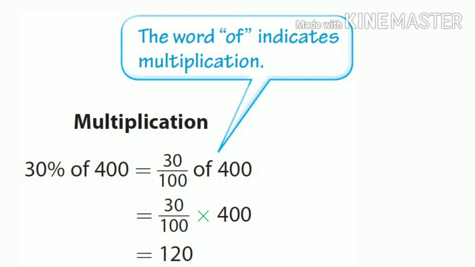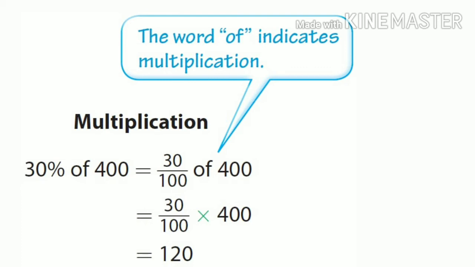So 30 by 100 into 400. Now we will check, is there any number which is common in numerator and denominator? Yes, we can see here that in 400 and in 100, 100 is common factor.